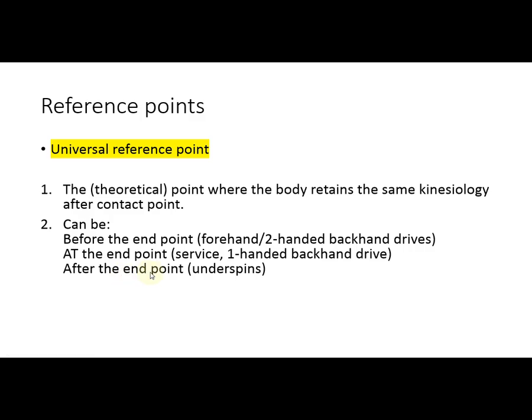So for example, in forehand drive, I hit the ball, I continue, nothing else changes theoretically. I continue to pronate the hand, and at some times I also add internal rotation. The difference is that in pronation the elbow is completely still and only the hand is moving, and in internal rotation the elbow is also moving.